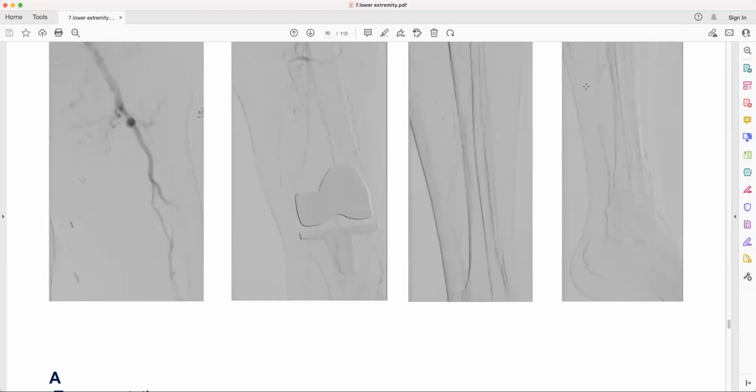Then they pass the wire from one side to the other, and they put stents or balloons all along the axis.